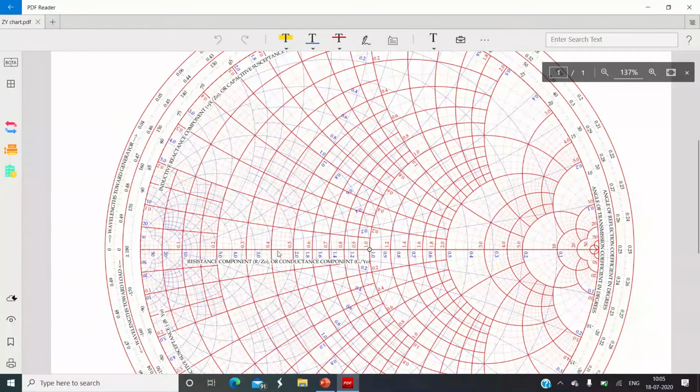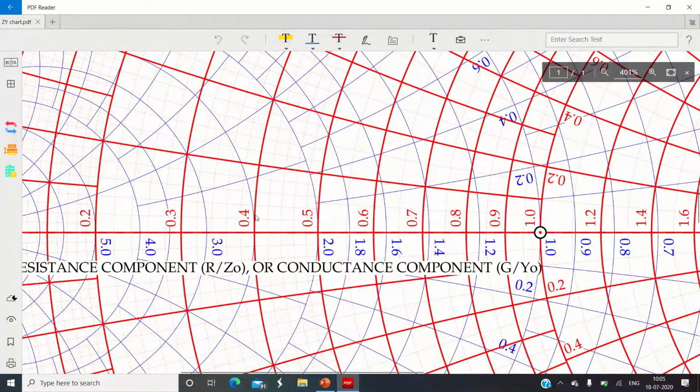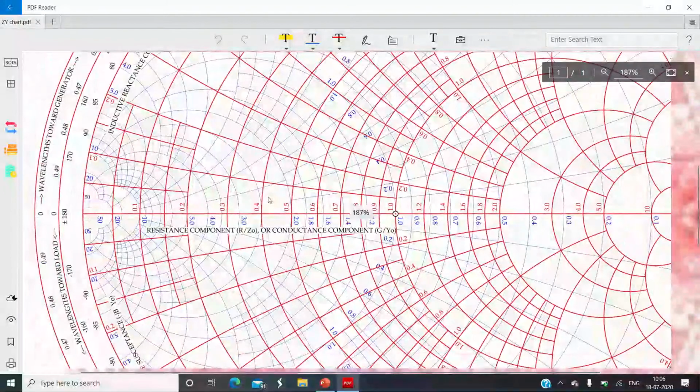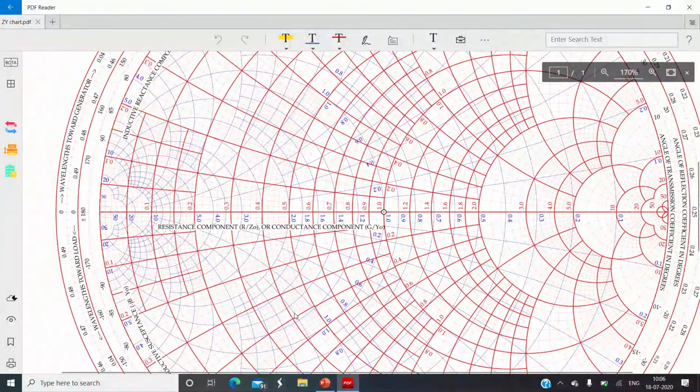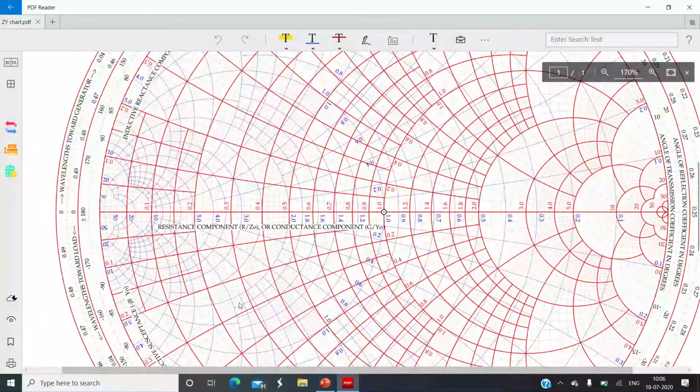So where is the circle? You need to locate the circle of constant resistance value 0.4. I am zooming in to magnify. Here you observe the number written in red color, 0.4. So this is that particular circle. How do we locate the point then? On this circle, we need to find the intersection with the imaginary part, 0.6. Let us see where the negative reactance 0.6 is located.